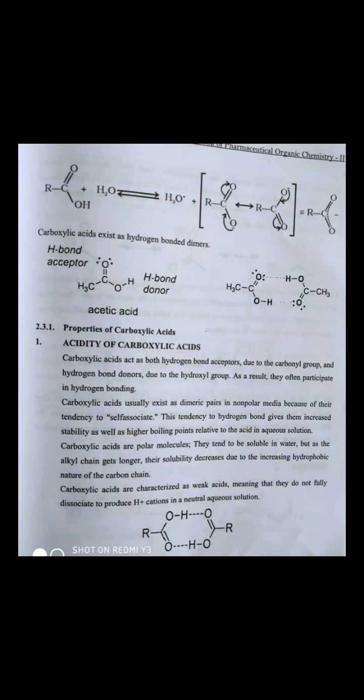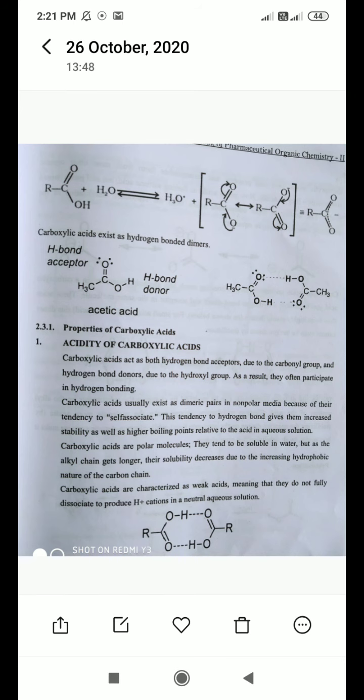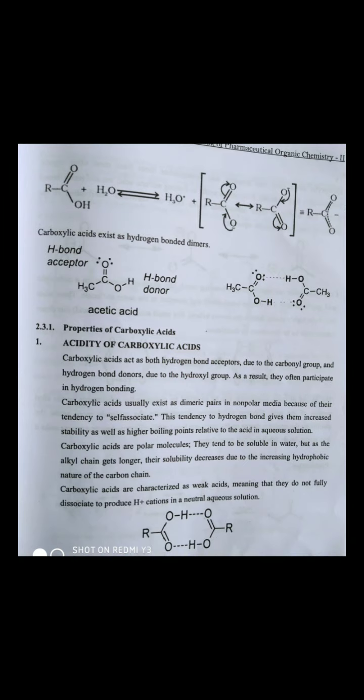Then how does this acid act like a hydrogen donor? Just look at the screen here. In acetic acid, OH is represented here. In this OH, the bond between oxygen and hydrogen is shifted towards the oxygen atom, because it is electronegative, so it attracts the electrons towards itself.